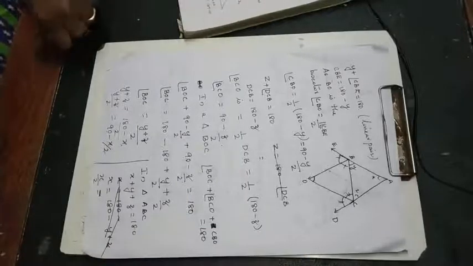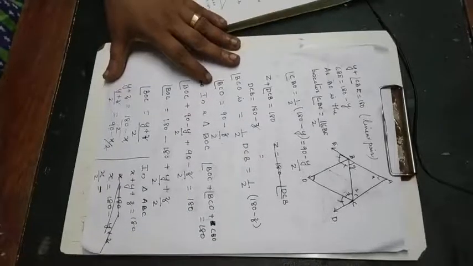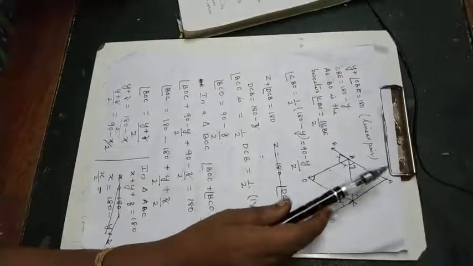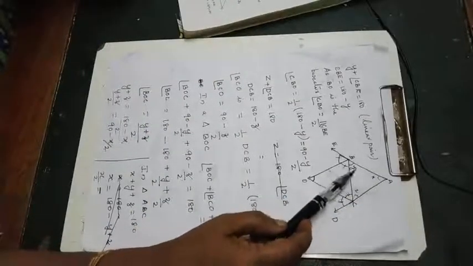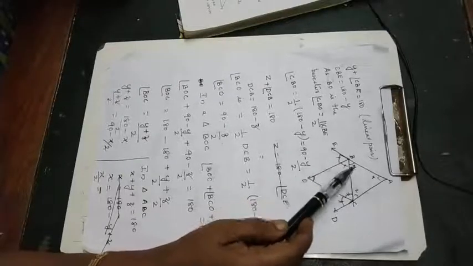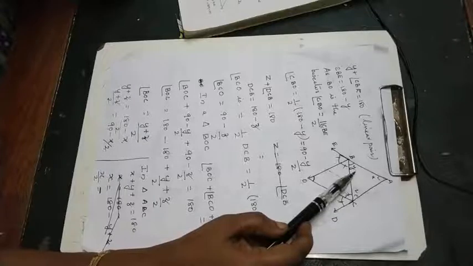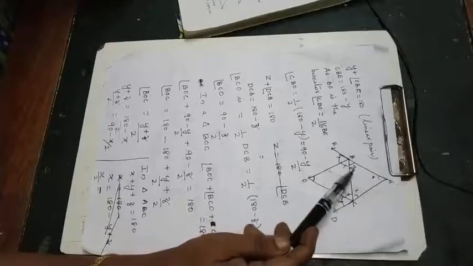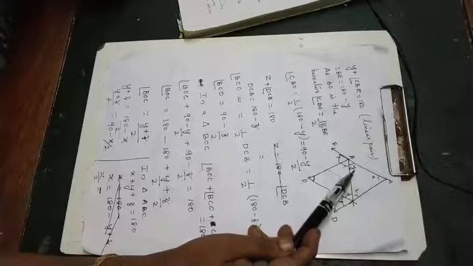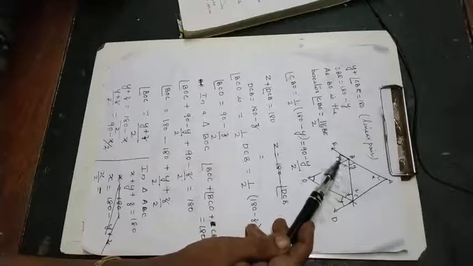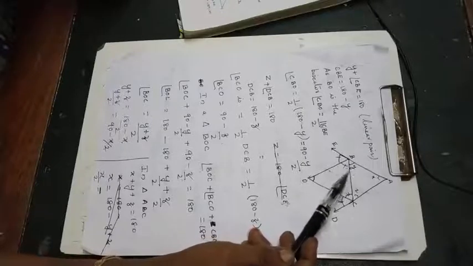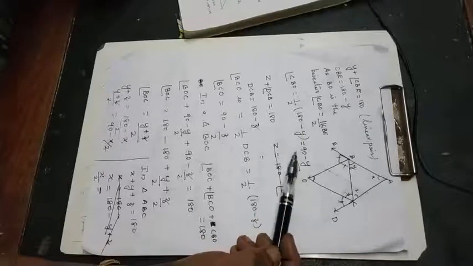Okay, so how you have to prove that one? First you have to take this one, that is y plus CBE will be equal to 180, then CBE will be equal to 180 minus y, or CBO will be equal to half of that one, that is 90 minus y by 2.